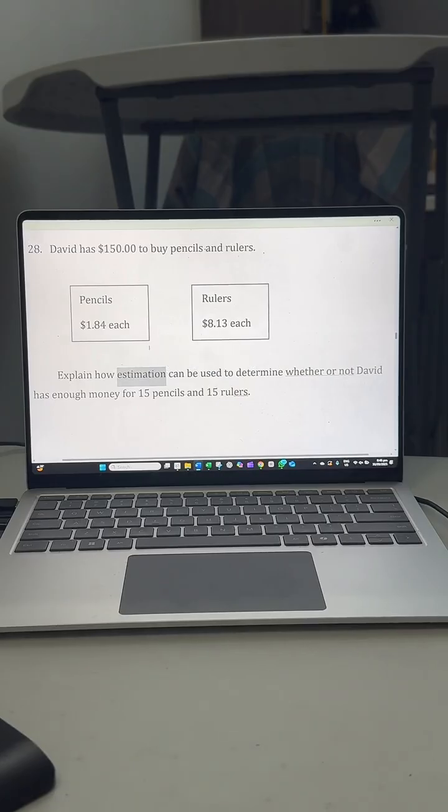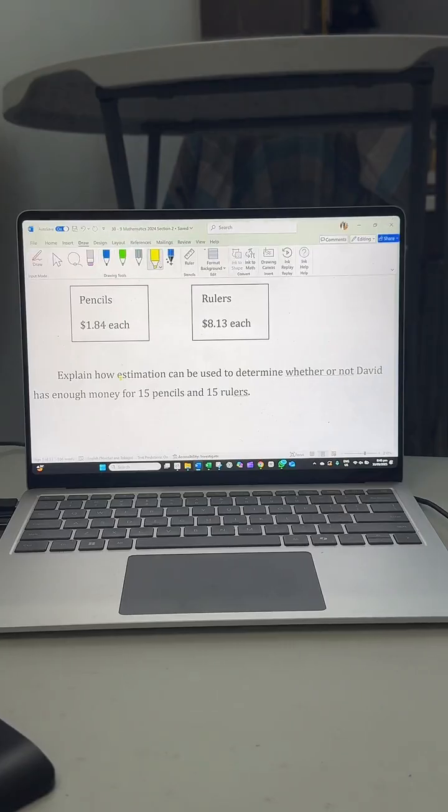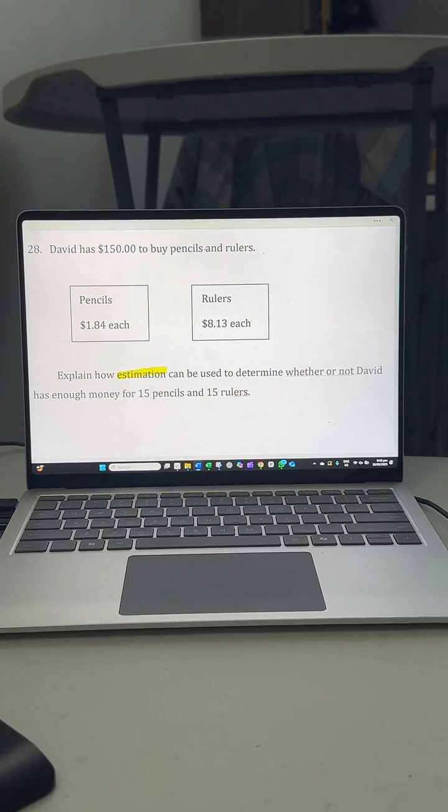Explain how estimation can be used to determine whether or not David has enough money for 15 pencils and 15 pens.